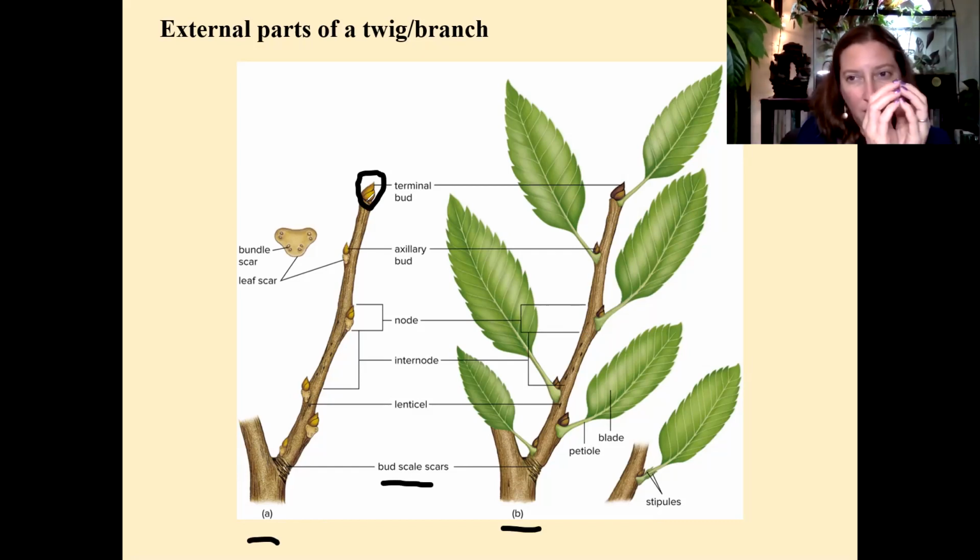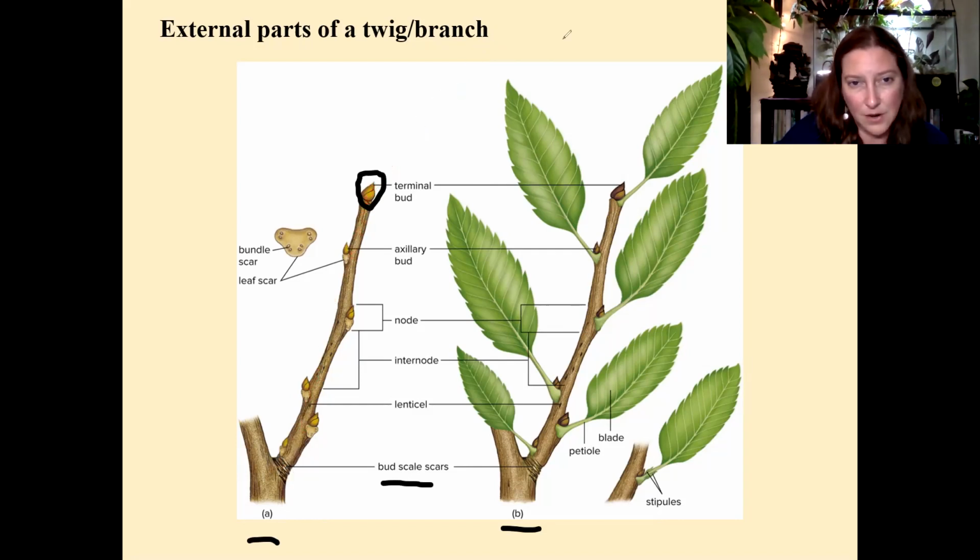This little scale that covers it is going to fall off, and that's going to expose the apical meristem, which is going to allow primary growth to occur. And so that's what would have happened here. At one point, there would have been a terminal bud there, and then when spring came, it would have woken up and grown to that.